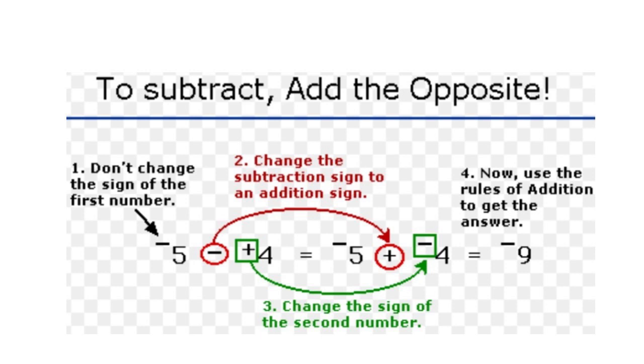The third step says, change the sign of the second number, means the number which is to be subtracted. The second number is plus 4. So, its sign will be changed to minus. It will become minus 4. So, now it becomes minus 5 plus minus 4. Now use the rule of addition to get the answer. Here, minus 5 and minus 4, both are negative. They are to be added. So, the result will be minus 9.